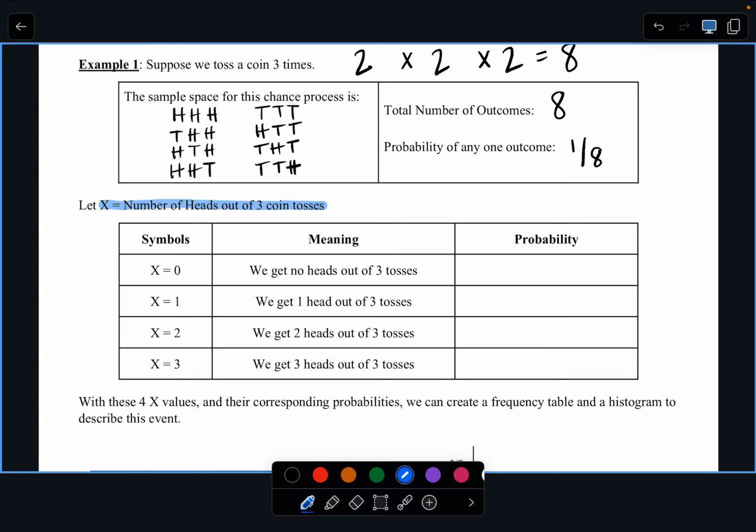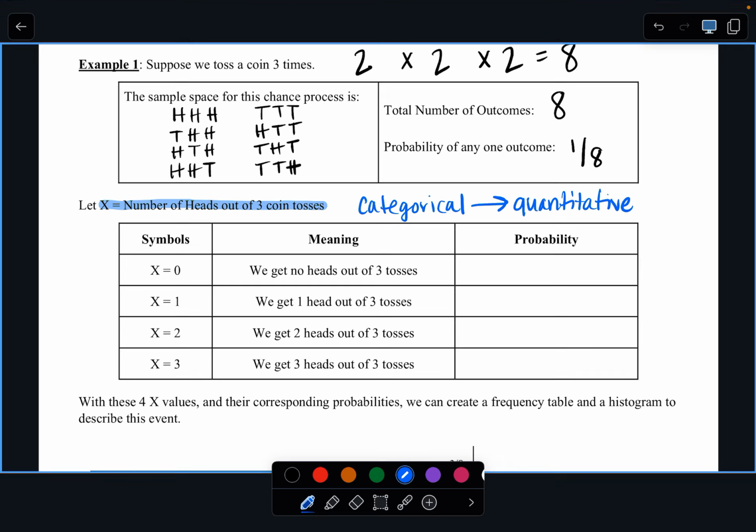What this is doing is taking categorical data. At the very beginning of the year, we talked about categorical versus quantitative. Heads, tails is categorical: it's either going to go in the heads group or the tails group. But by changing this to the number of heads out of 3 coin tosses, that's giving me something to count, and that's turning it into quantitative.